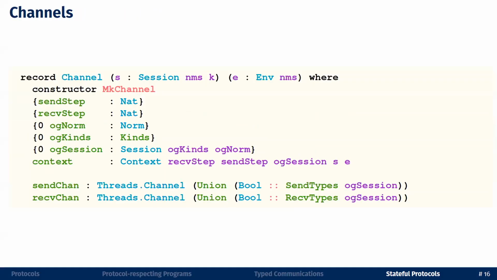And then this is the big type of channels. Maybe I don't have time to explain it, but basically you can see that you're currently at some point in a session with an environment explaining how you can interpret all of the fixed points you've gone under. And you're storing an erased original session, which is the one you started from, telling you the types of messages you're exchanging.